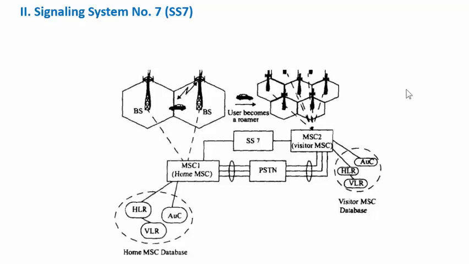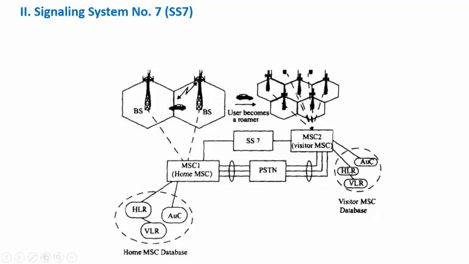So without interrupting or disturbing the connection, voice communication and data communication, the mobile will move from the home network to another network, that is the visitor network. That particular user becomes a roamer.